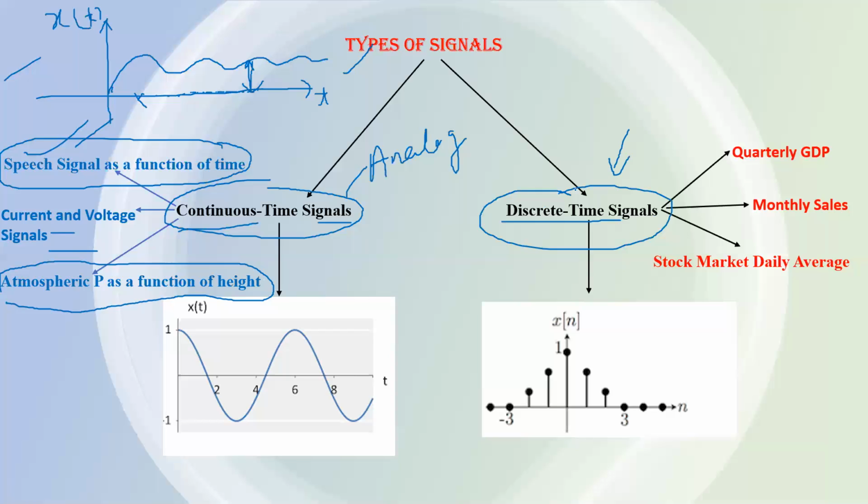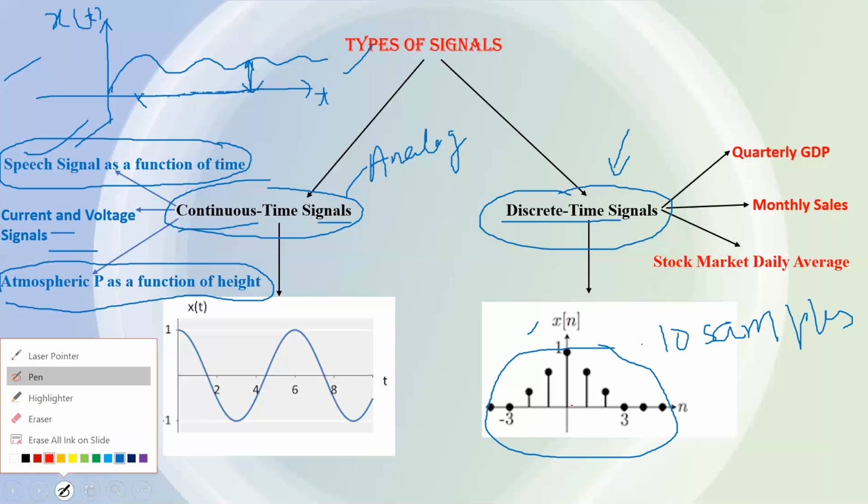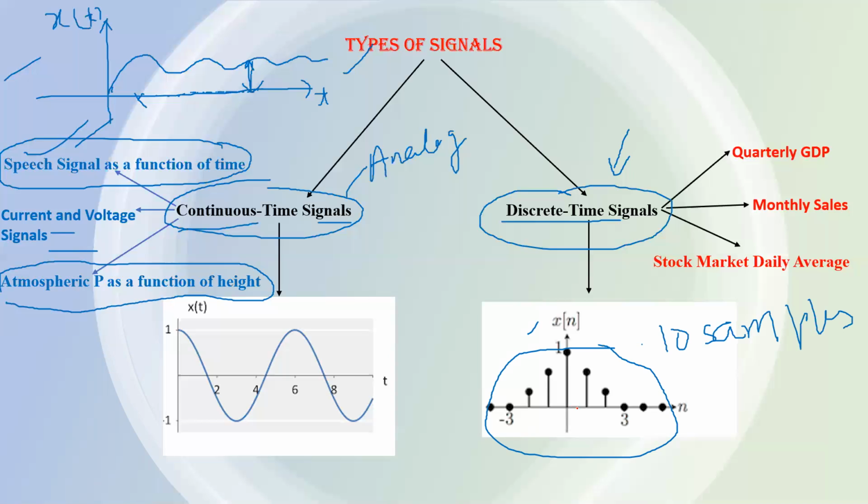For example, this is a discrete time signal and its amplitude is only defined at 10 sample points. If you want to define its amplitude at this point, then its amplitude at this point is not defined.